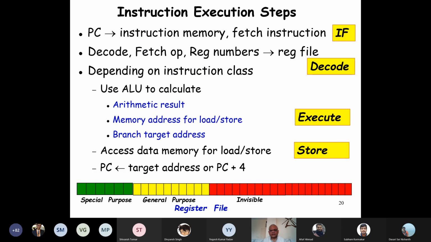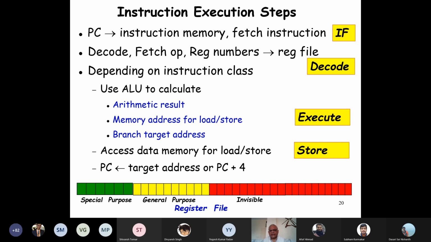Now, before we start, I just want to rephrase what we were discussing: the register file in the processor has thousands of registers. Some of them are general purpose registers in MIPS, and there are special purpose registers like the program counter, instruction register and so on.